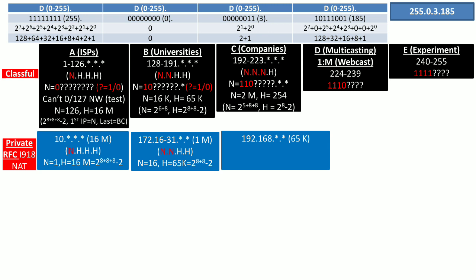So in this we have 65, no, this is not 65, because the first 3 octets are used for network addressing and the last octet is used for host addressing.